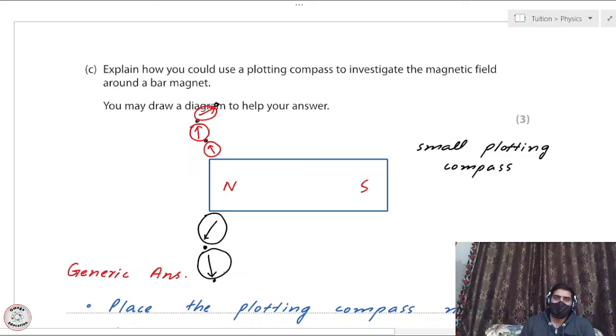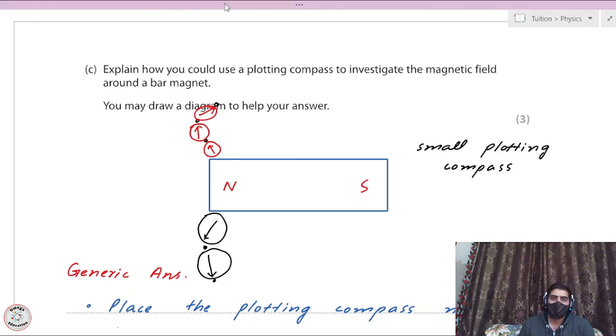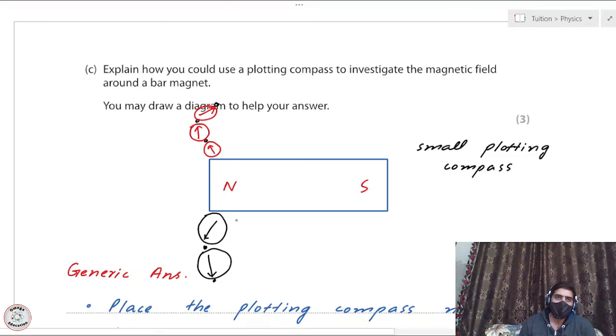Now the problem with a large plotting compass is you can draw only a few points. But with a small plotting compass, you can mark more points.